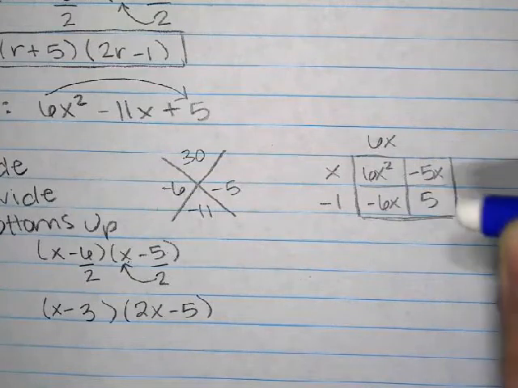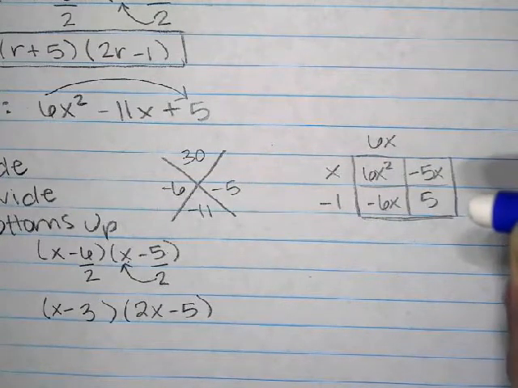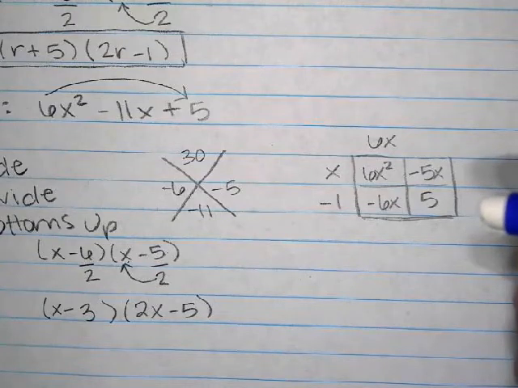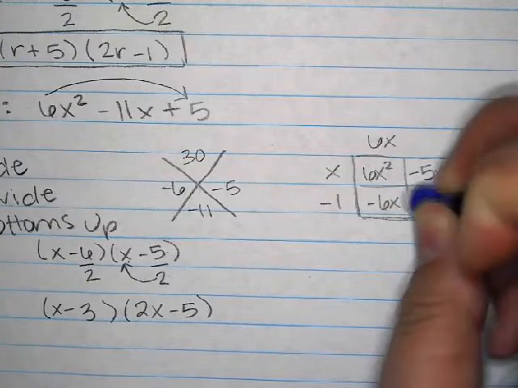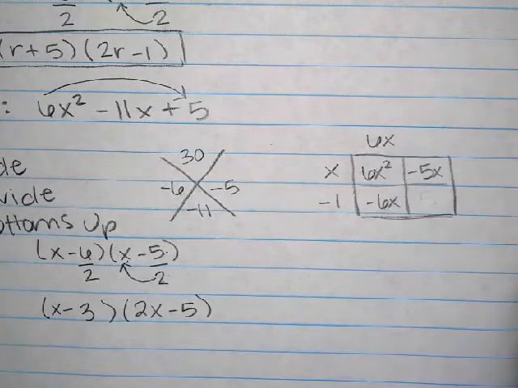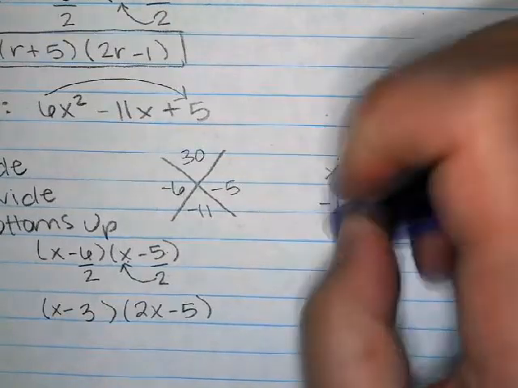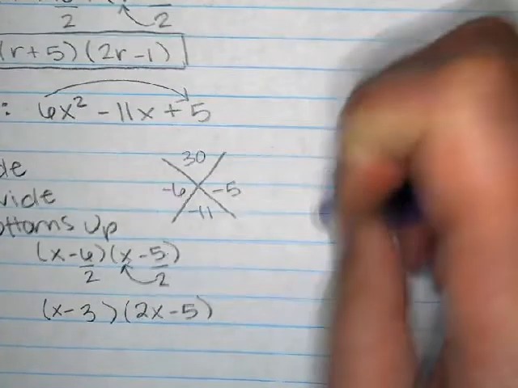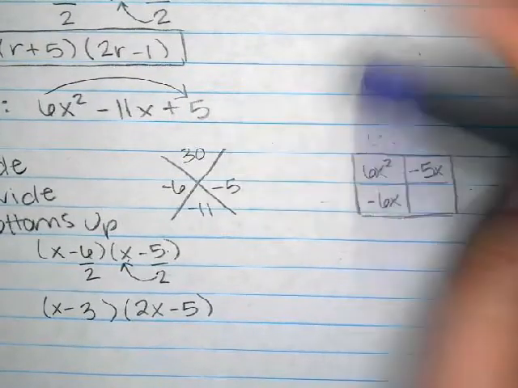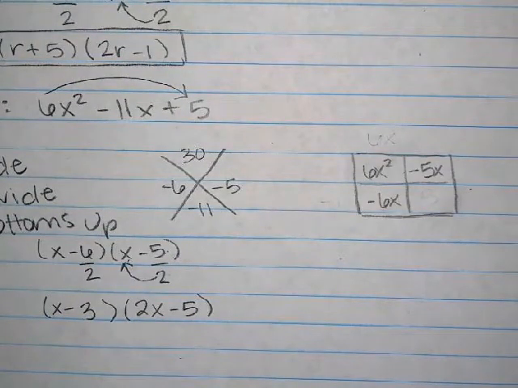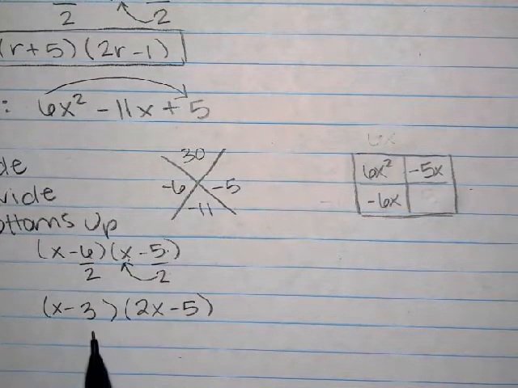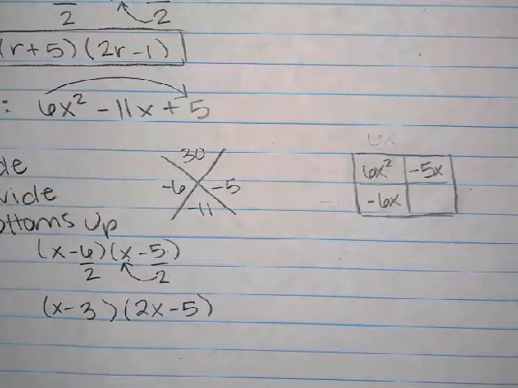Oh, that should have been... Hold on. What did I do? Six times 5 is 30. -11.